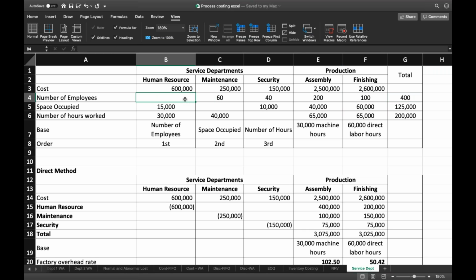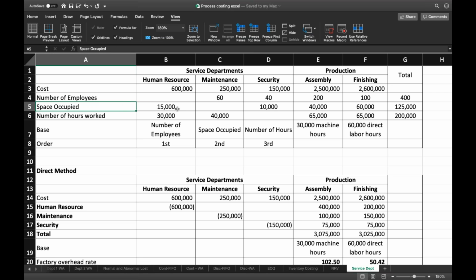We do not assign number of employees to human resource because the allocation base for human resource will be the number of employees. So we will not be assigning any number of employees to human resource since we will be allocating its cost to other departments. Now for maintenance, its allocation base would be space occupied.